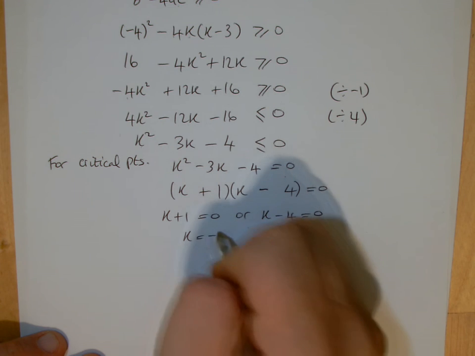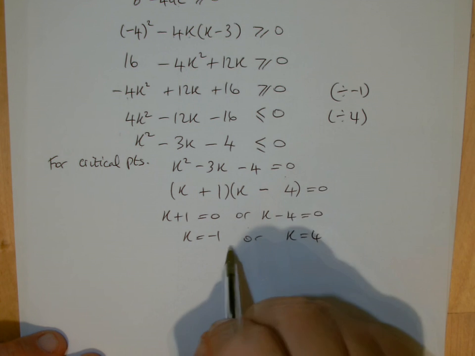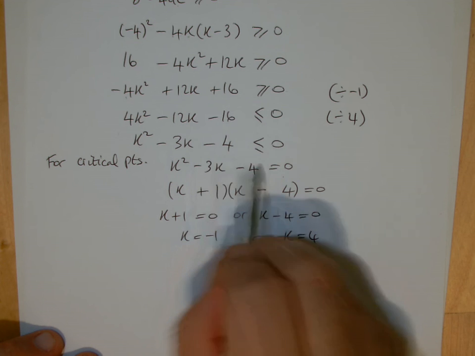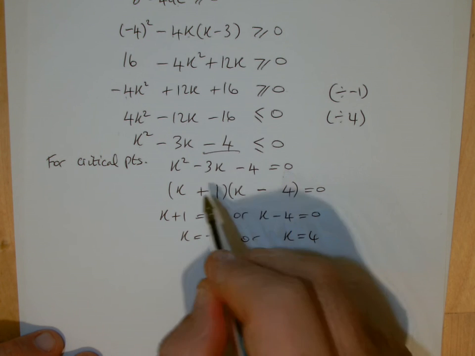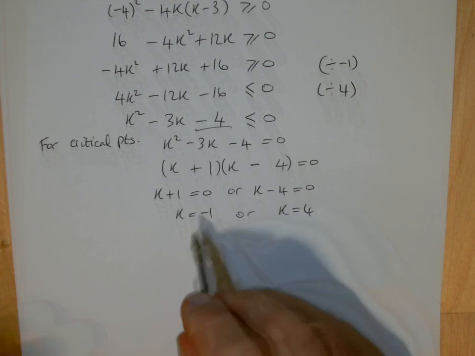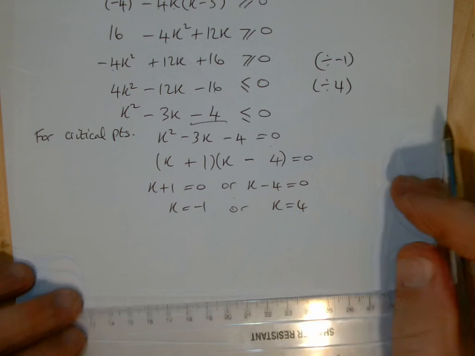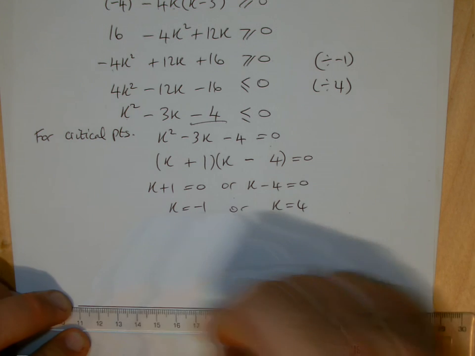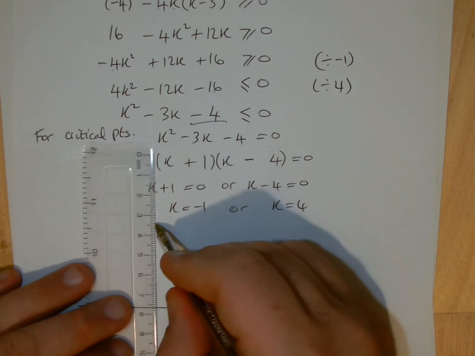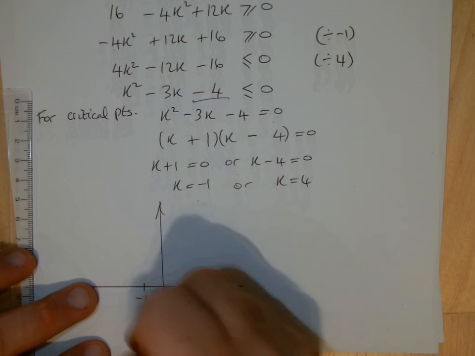So k is equal to minus 1 or k is equal to 4. Now we can draw a quadratic, a smiley face parabola. It'll be the k-axis, not the x-axis, because everything's in terms of k. It goes through the k-axis at minus 1 and 4.